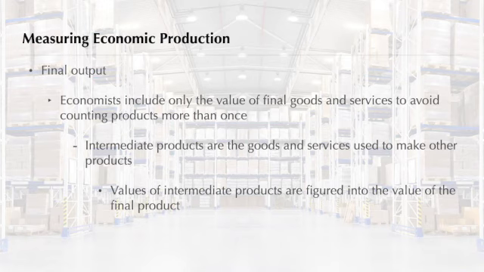Of these items, only the dining table is considered the final product. The tree and the lumber are considered intermediate products, goods and services used to make other products. The value of the tree and the lumber are figured into the value of the dining table. To avoid counting these intermediate products twice, GDP includes only the value of the dining table.